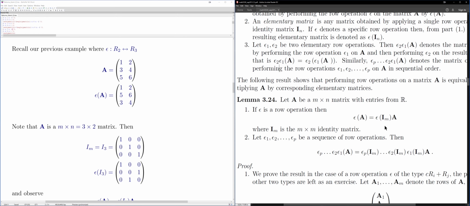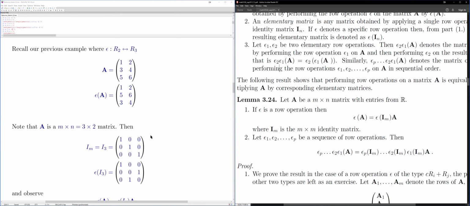This elementary matrix carries the information about the row operation. When I multiply this elementary matrix times A, it has the effect of simply doing the row operation on A.